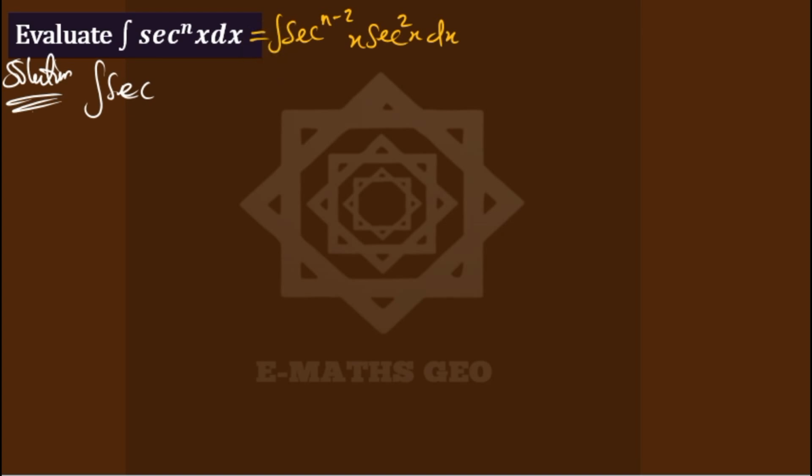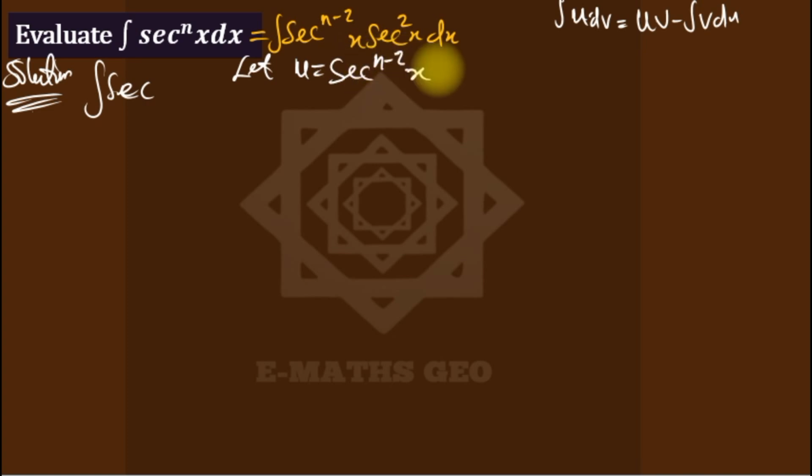And if you remember from integration by parts, the integral of u dv is uv minus the integral of v du. So in this case, our u is sec x raised to the power n minus 2, and our dv is sec squared x dx.